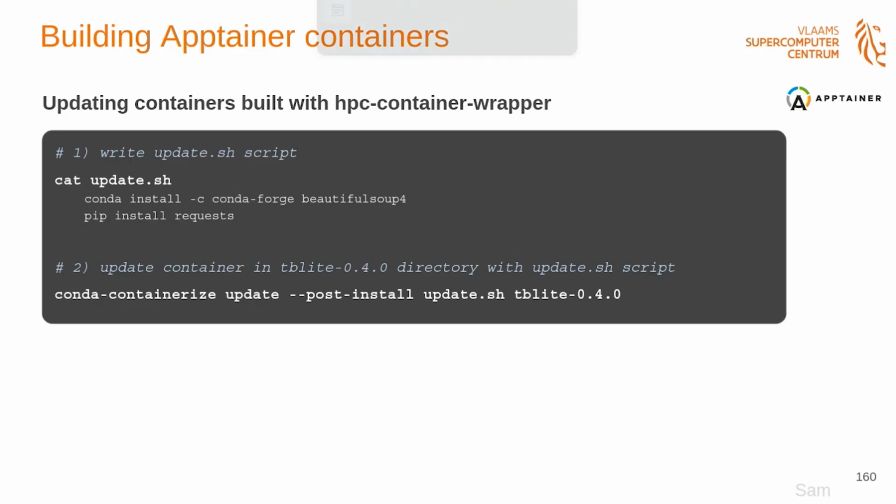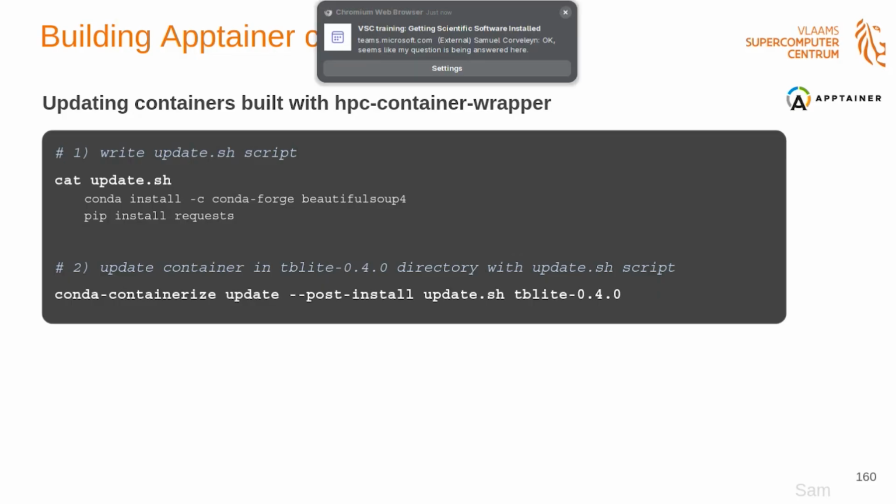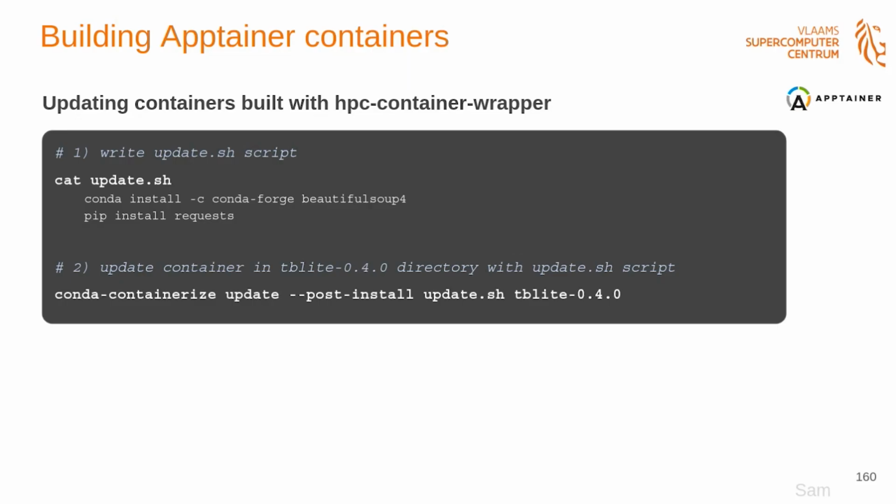There's a question in the chat as well. The question is, once you create the image with the Conda environment in it, is it read-only or can you dynamically add additional packages afterwards? With the HPC container wrapper, you can indeed add extra packages, which I'm showing now in this slide.